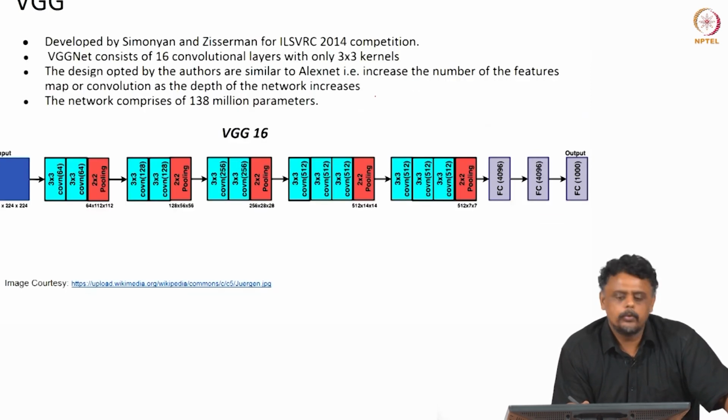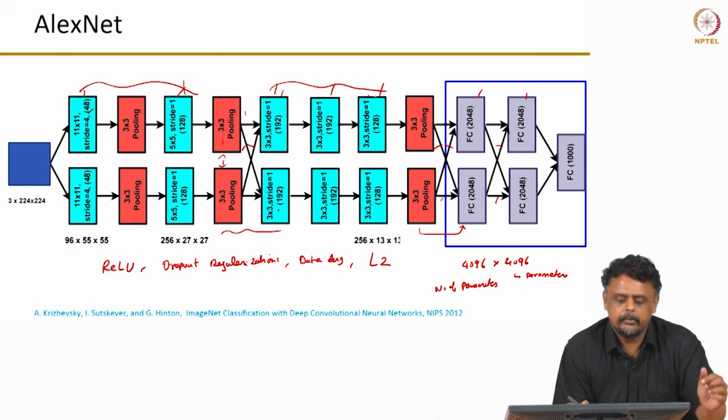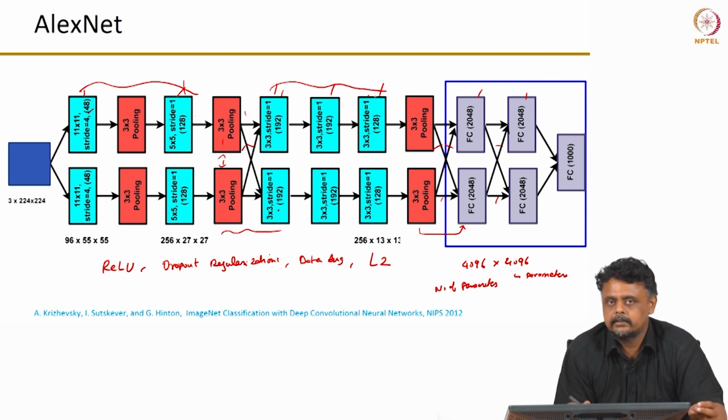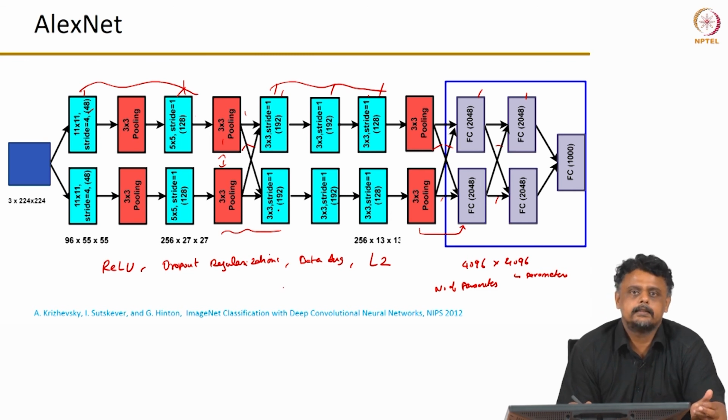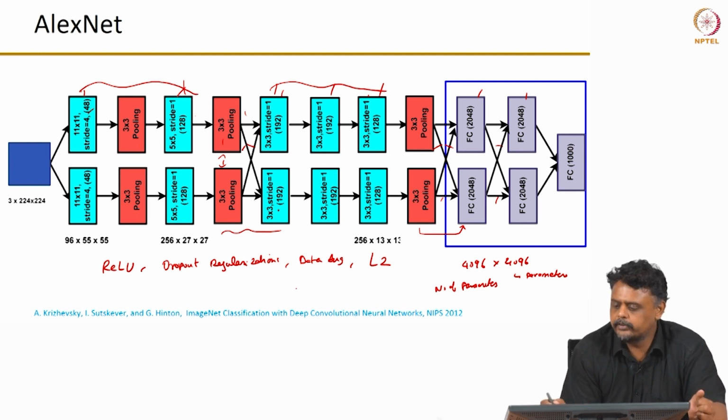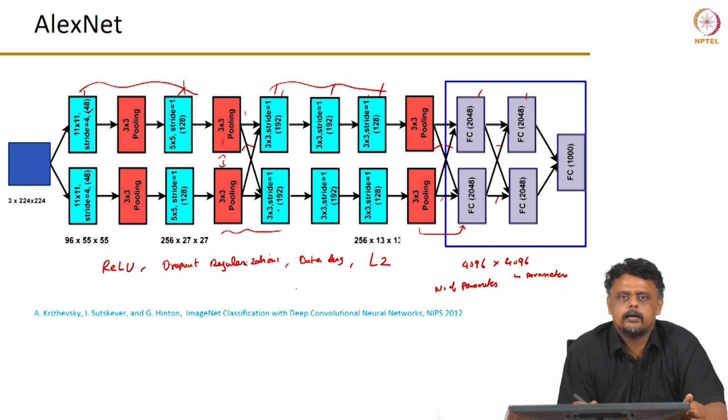So, in summary, AlexNet was the first CNN to be used for the ImageNet classification challenge, and produced state of the art results at that time. It had an error of about 15% and a huge number of parameters, about 60 million of them, most of the parameters towards the decision layer.